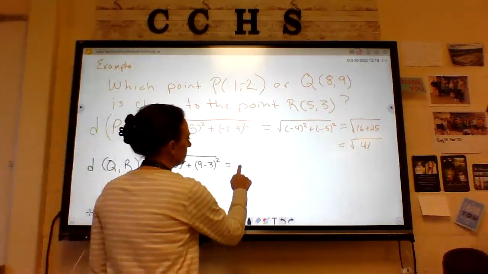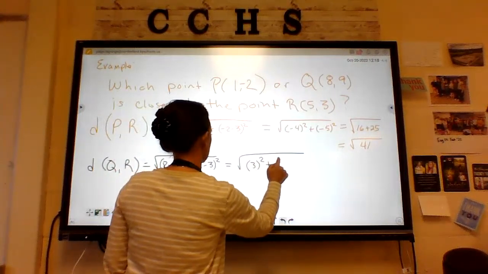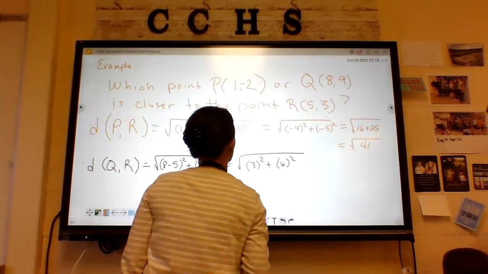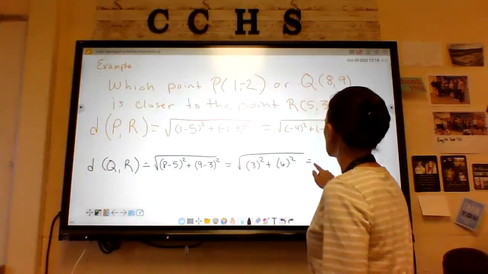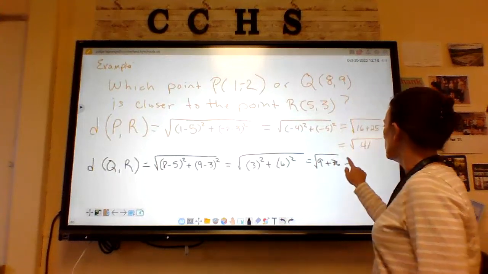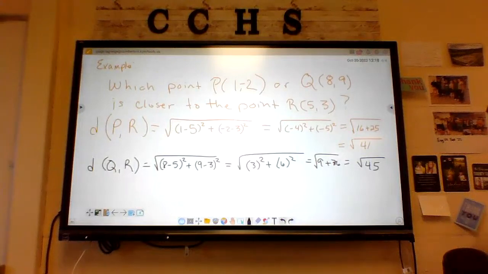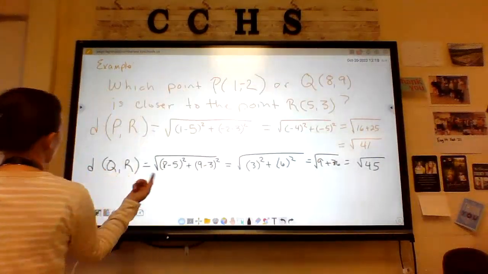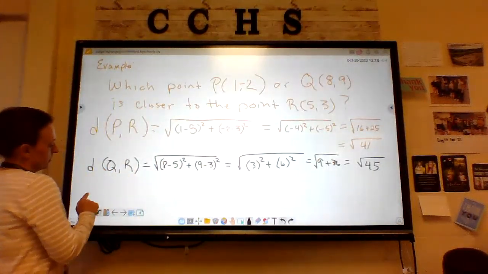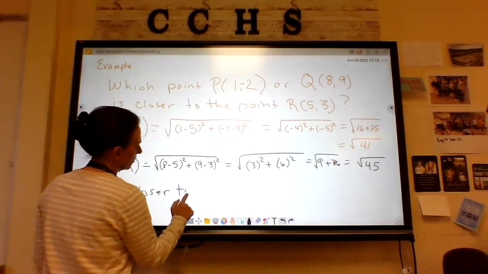And as we follow through, square root 3 squared plus 6 squared equals square root of 9 plus 36, which equals the square root of 45. So which one is closer? P, right. So we would just say P is closer to R.